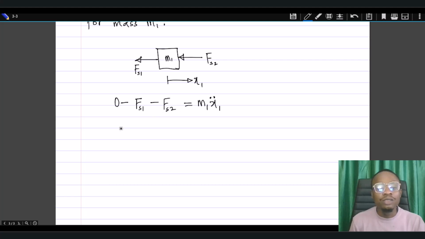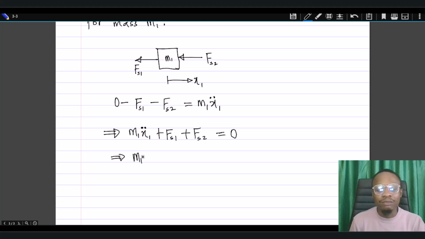So with this, we can now put together all of this and say we have M1 x1 double dot, plus, we'll put this to the other side, Fs1, then plus Fs2, and this will be equal to 0. And with that, we are good to go. We now get expressions for Fs1 and Fs2 for this mass M1.